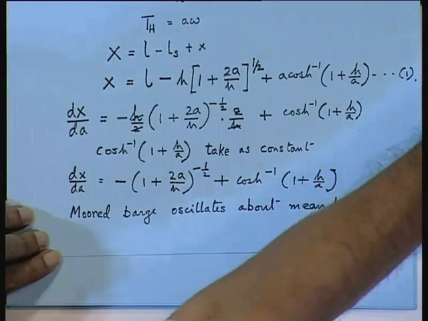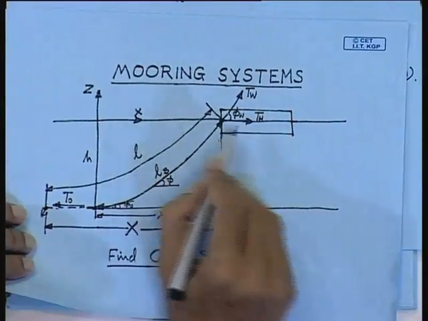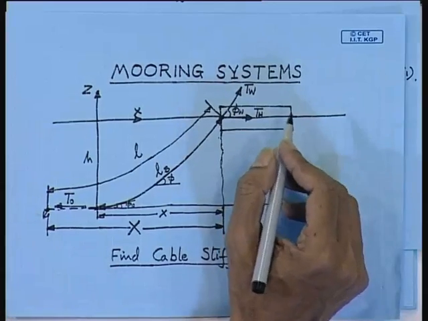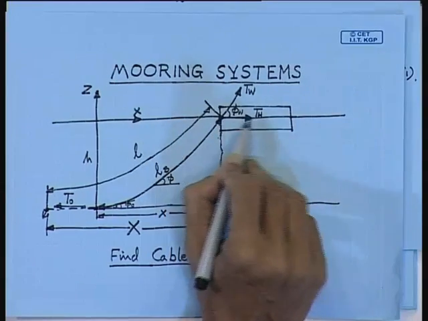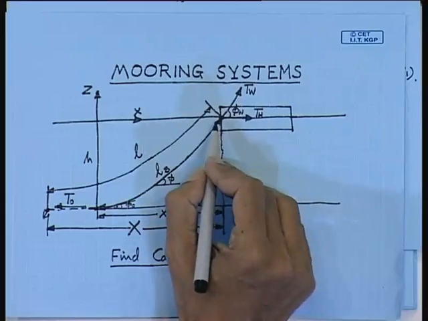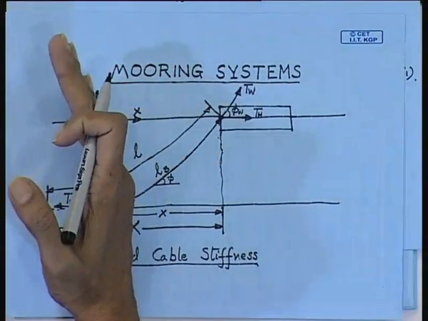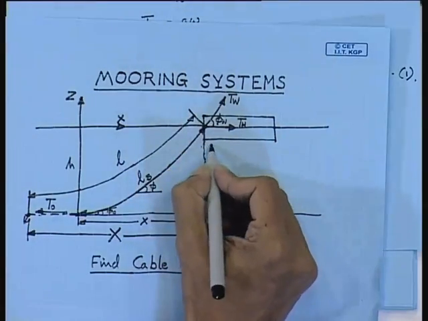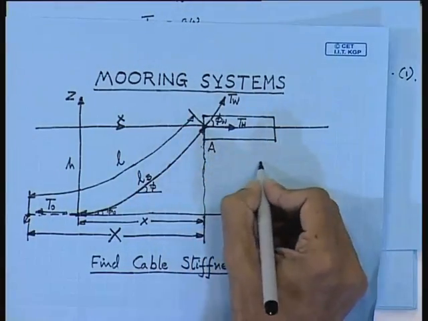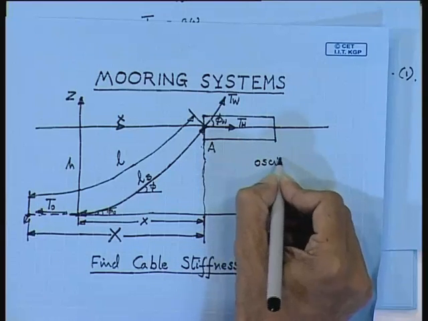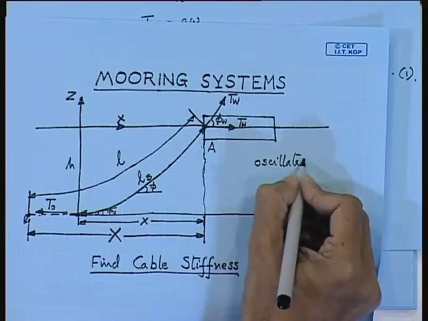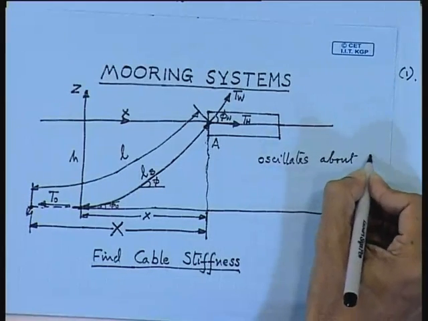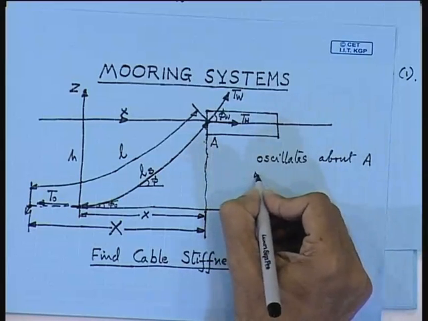So what is this barge doing? Because of the variation in the external forces, which you have assumed to be sinusoidal, it will go in this direction, come back, and again drift in the reverse direction. So, like this it is going to oscillate about this position, say about A. This is similar to your vibration studies: it oscillates about A with a certain frequency.